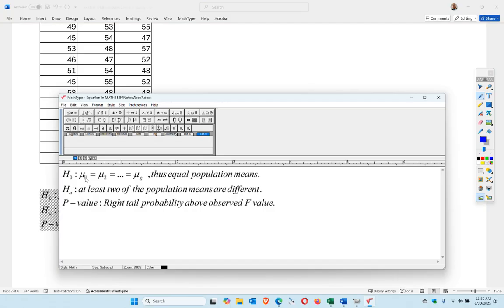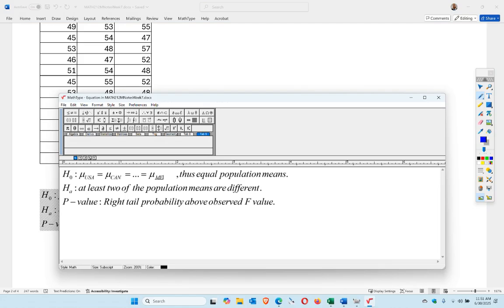We'll say the USA, Canada, and Mexico, and this is in centimeters.